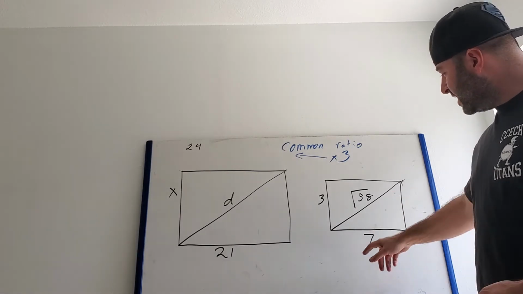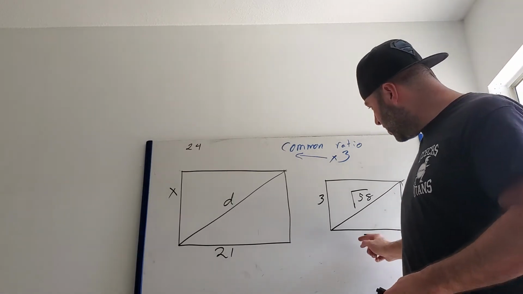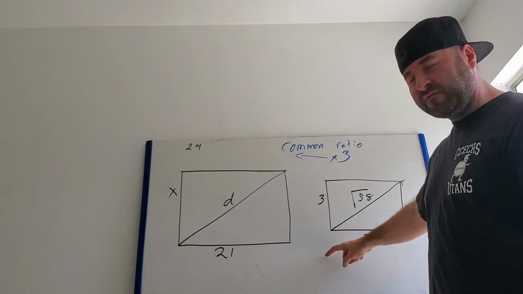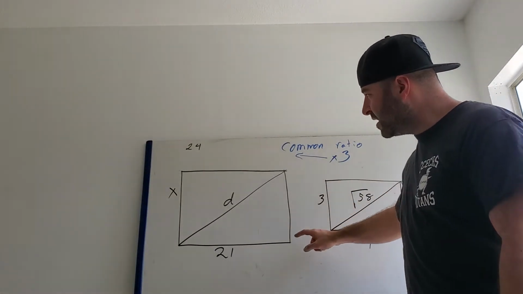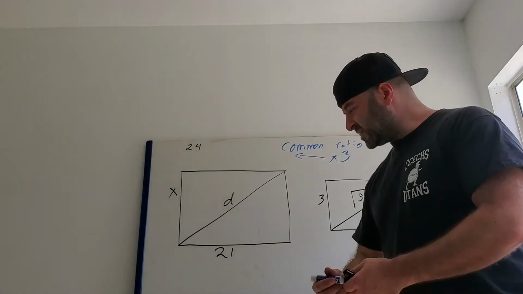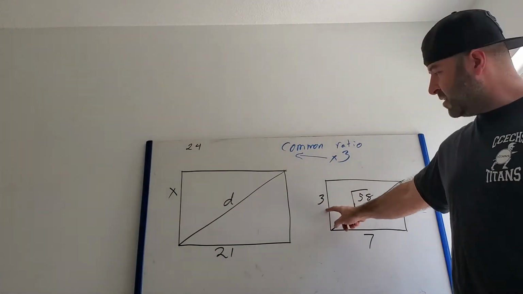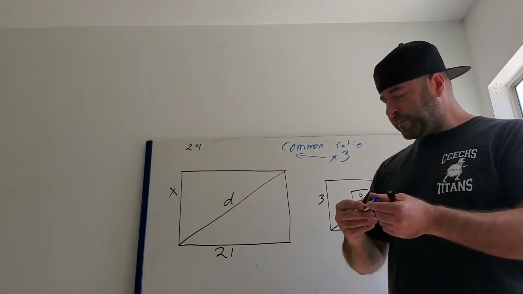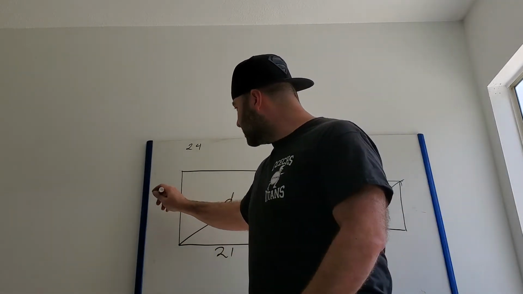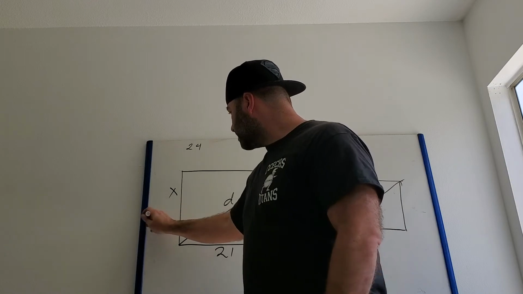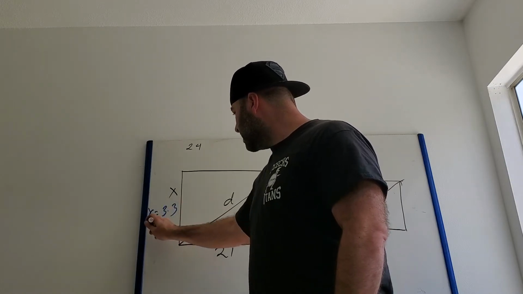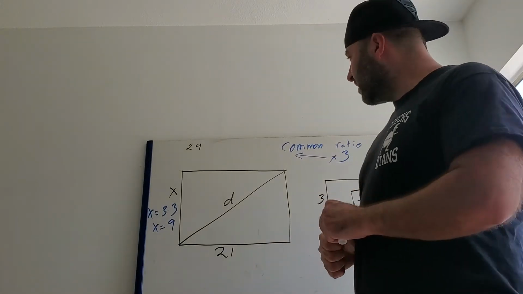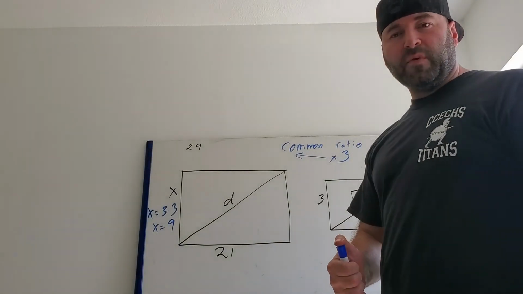And that makes it really easy to go from smaller height, vertical side of 3 to the larger height. Because then all I have to do is just multiply this height by 3 to figure out the larger side. So then that gives me X is equal to 3 times 3, X is equal to 9. So that was me solving using the common ratio.